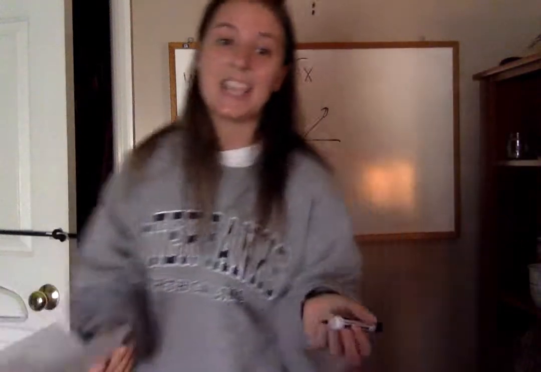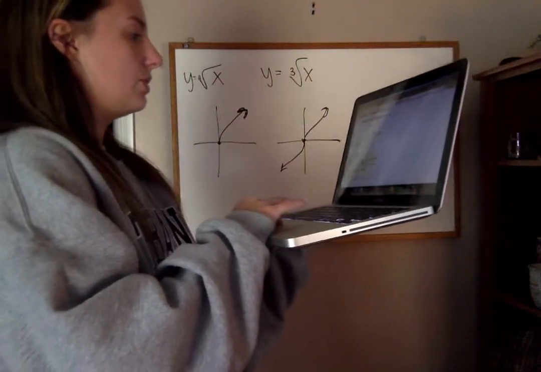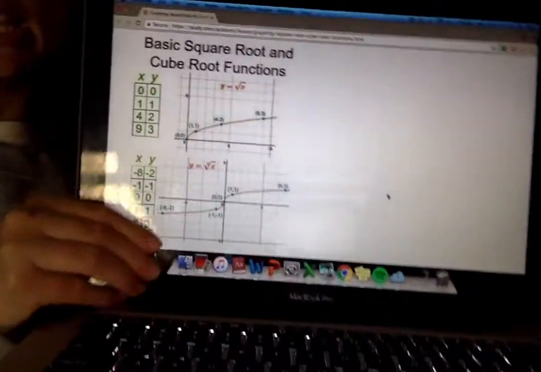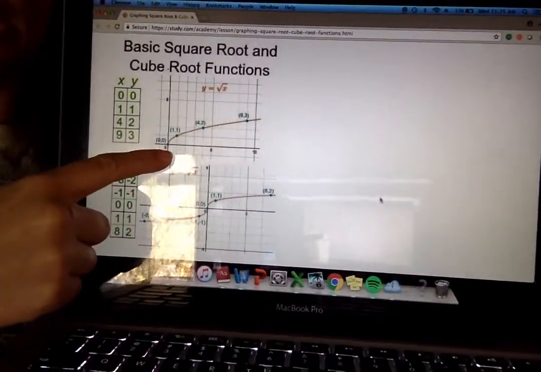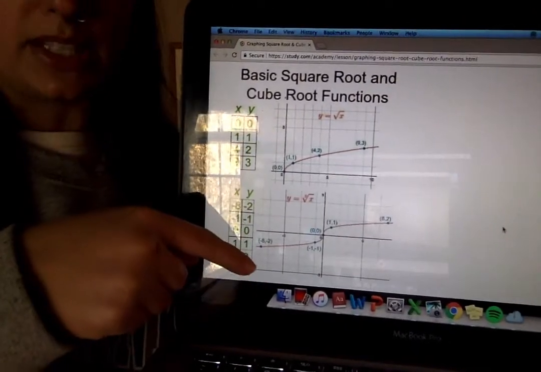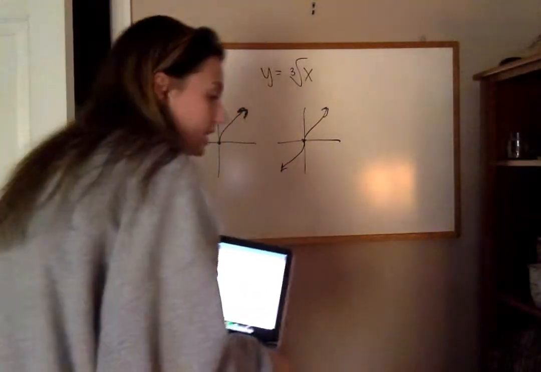It's a weird snaky one again, and I can't draw the snaky one. So this has the square root and the cube root functions side by side. You can see how this one is just this slight arch, and this one is a snaky business here. So although they're both roots, they do look different.